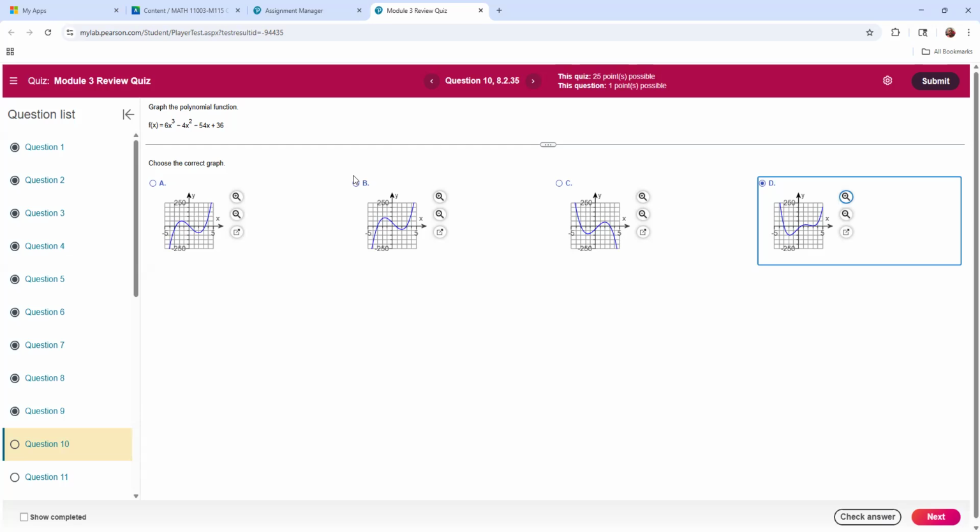Now, we'll tell you, it's an odd degree with a lead coefficient being positive. So since you got a positive lead coefficient and an odd degree, it's going to go uphill left to right. So it's either going to be A or B. So let's go graph it and see which one we get.